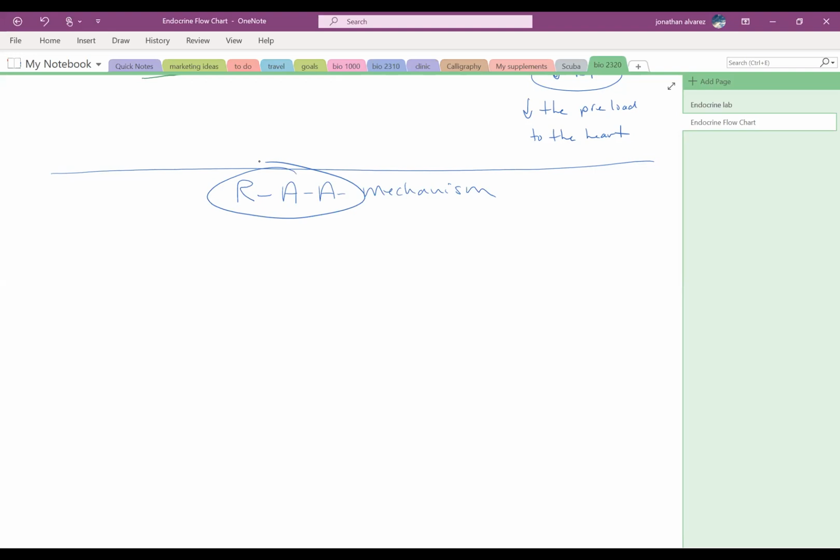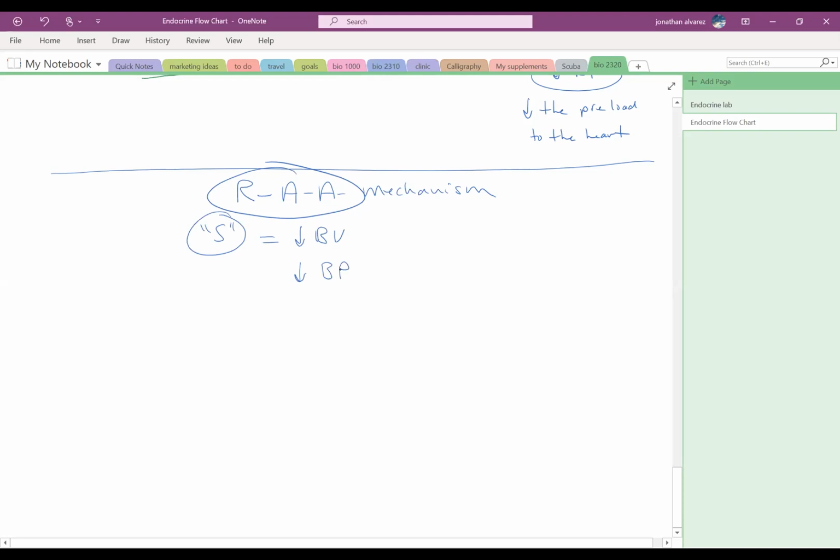Okay, so the stimulation is a decrease in blood volume and a decrease in blood pressure.